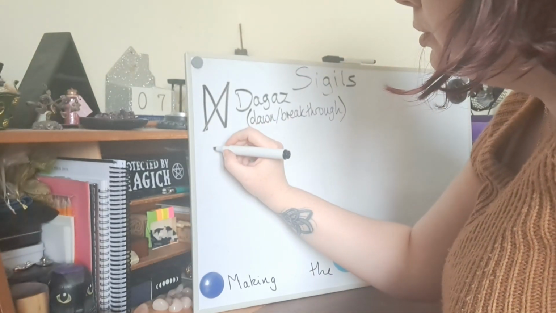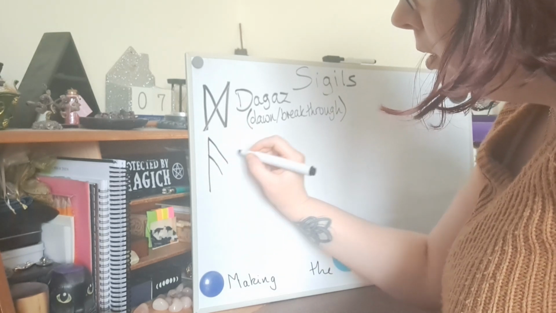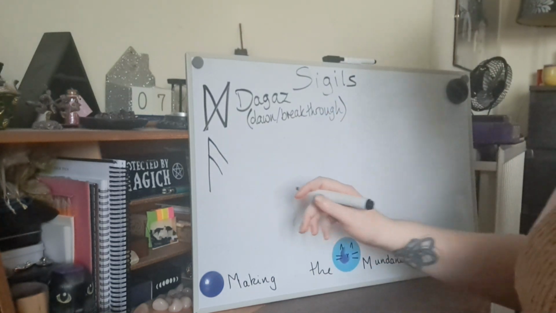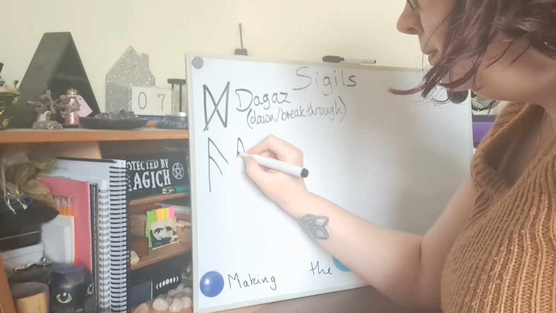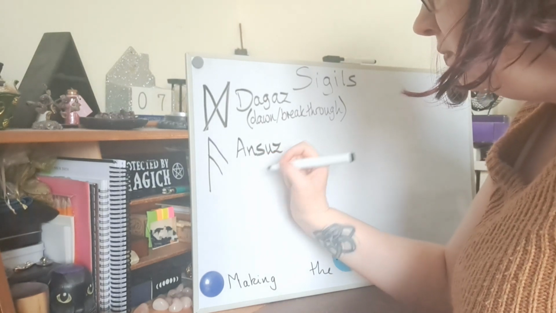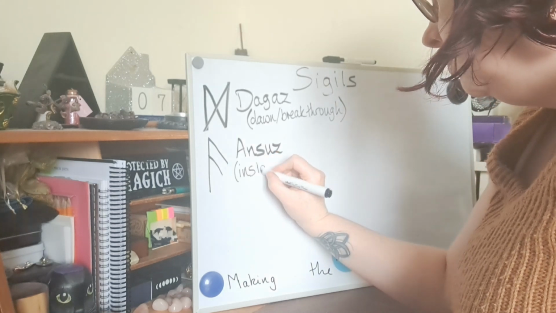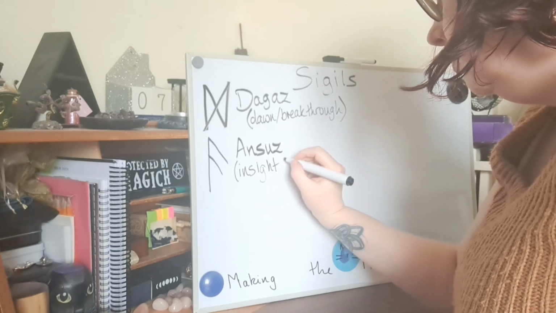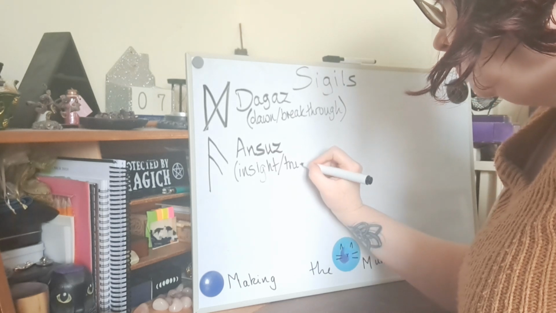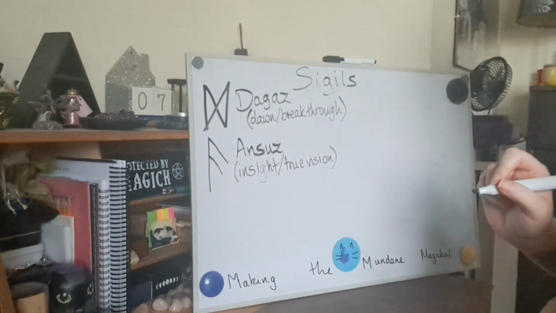Let's go with Ansuz. So I'm constantly getting Ansuz and Fehu mixed up. So this is Ansuz. And this is insight or true vision.